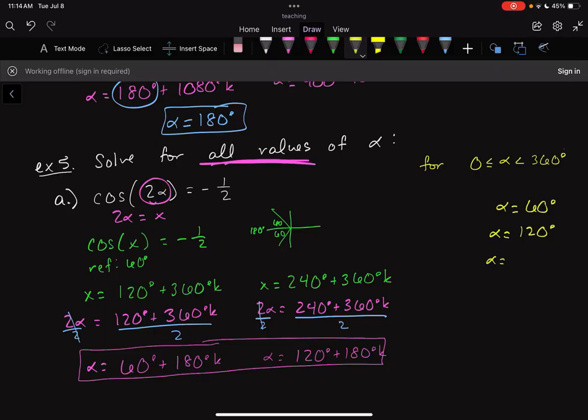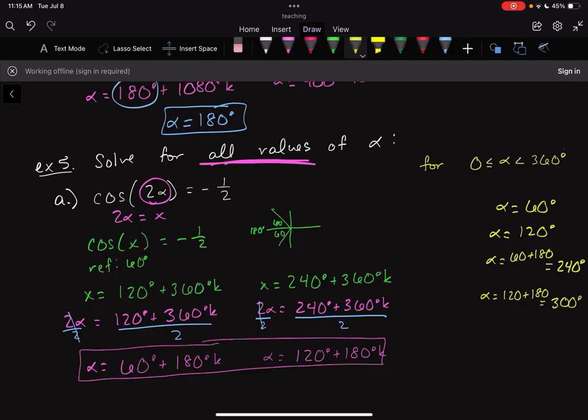So for this one, I would want to do 60 plus 180, which is going to give me 240. I can do, let's see, what if I do 120 plus 180? Do I get an answer out of that? That's going to give me 300.